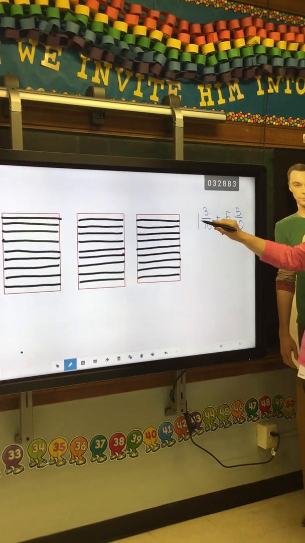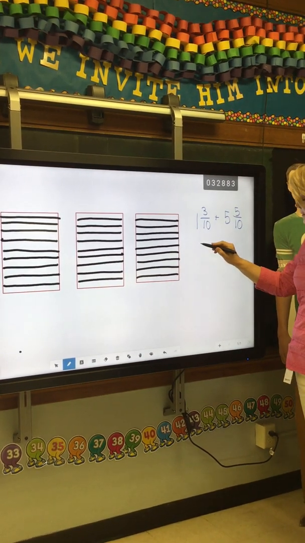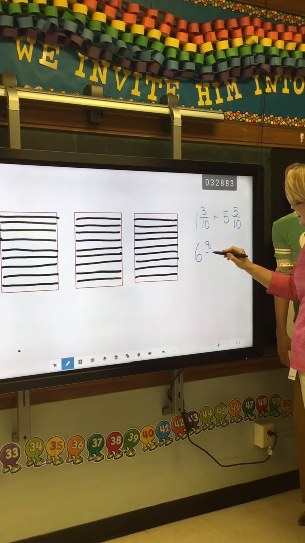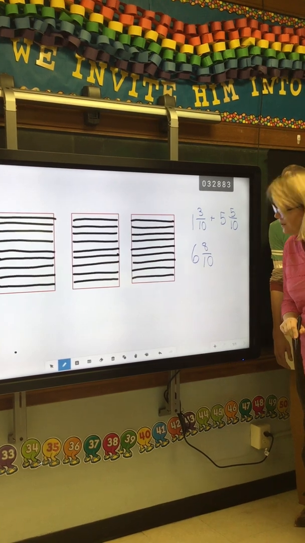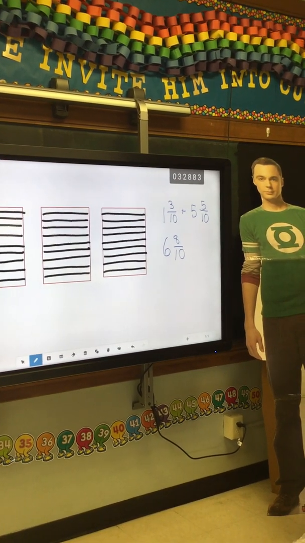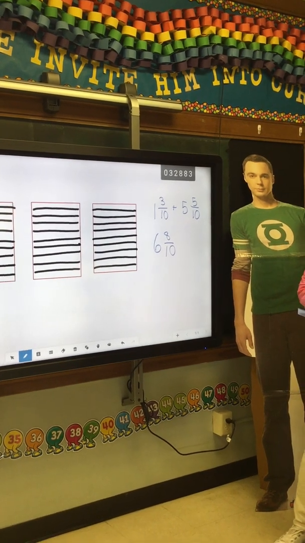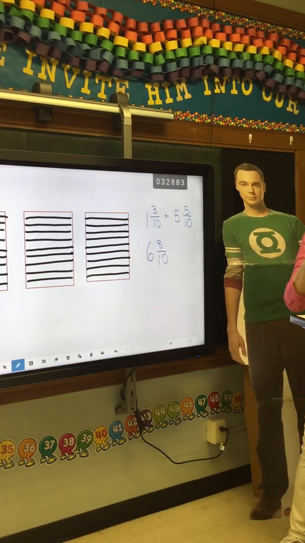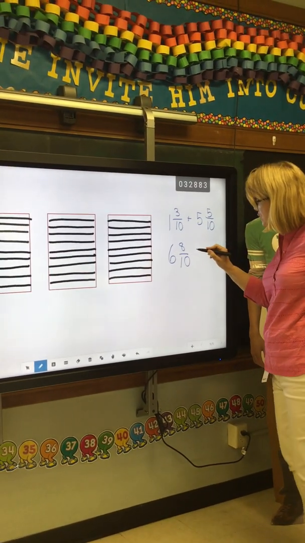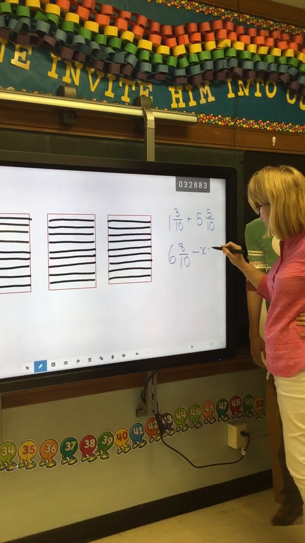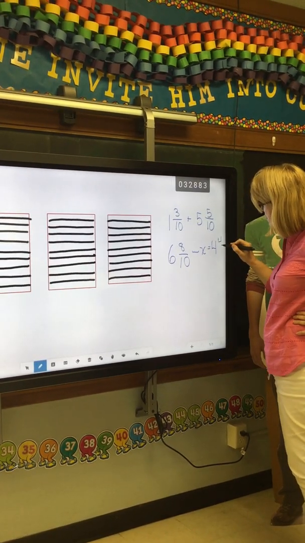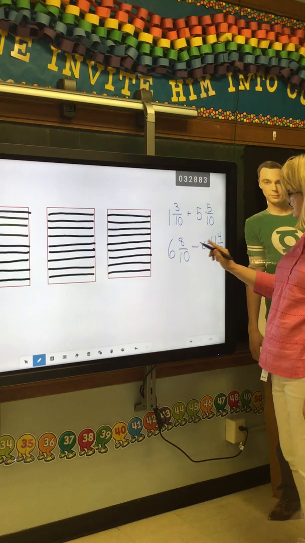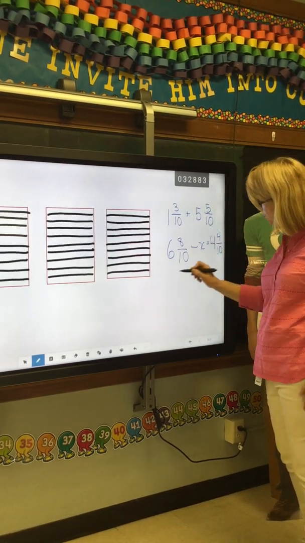You can add these together. 1 plus 5 is 6. 3/10 plus 5/10 is 8/10. So you had 6 and 8/10. But only 4 and 4/10 were left over. So we don't know how much everybody ate, but we do know that 4 and 4/10 were left over. Well, you can just take 6 and 8/10 minus 4 and 4/10.